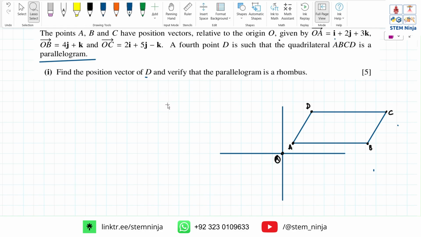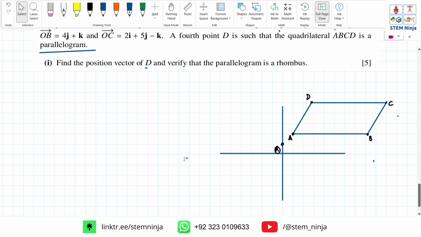So sorry, let's make it a little bit further away. So this is O. Right. Okay. Now D is such that the quadrilateral ABCD is a parallelogram.